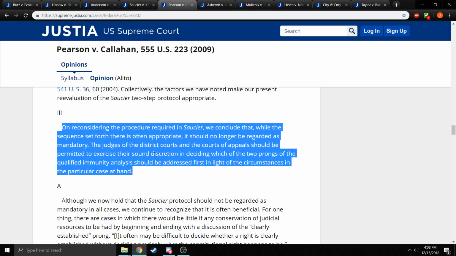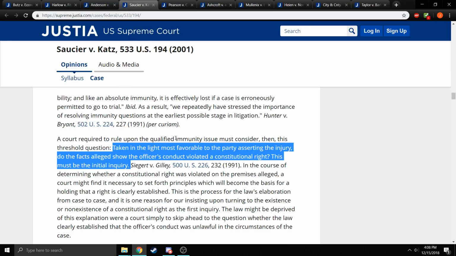And then Pearson doesn't really change a whole lot, at least in my understanding of it. This is in 2009. In Pearson, basically what they say is that the tests that Saucier made mandatory, step one, you check to see, assuming all the pleadings as true, if the plaintiff's constitutional right was violated, and then step two, would a reasonable official know they violated a right?